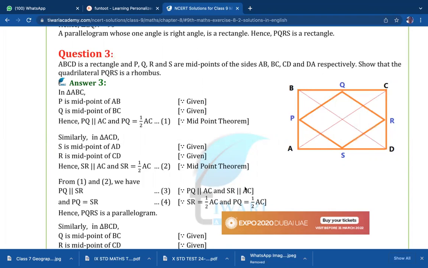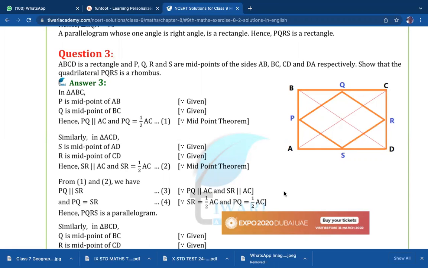So let me follow the same procedure as question number 2. Join the opposite vertices. Draw the diagonals. Let me draw diagonals AC and BD. Now, P is a midpoint.